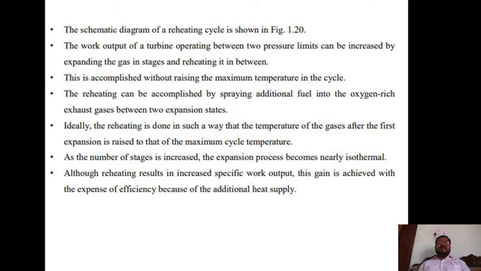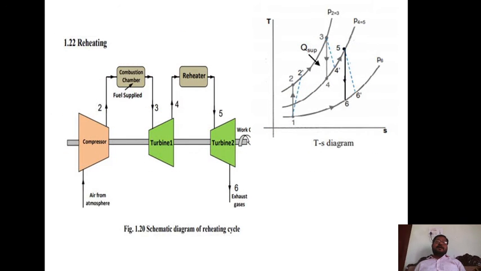As the number of stages is increased, the expansion process becomes nearly isothermal. After the expansion process, if you increase the number of stages, here I have shown only two stages.